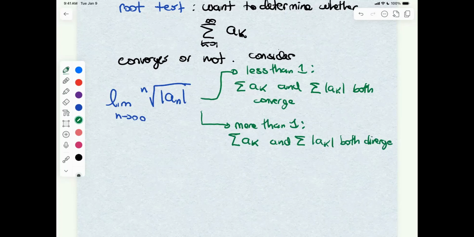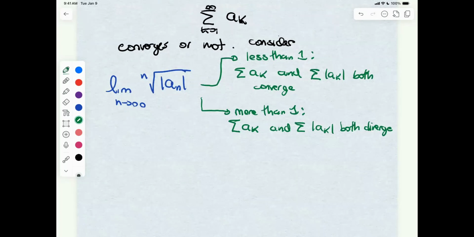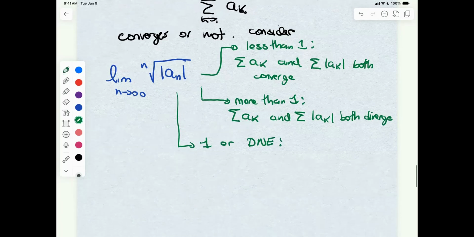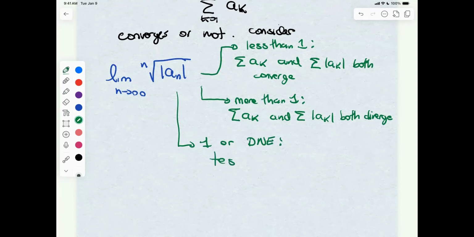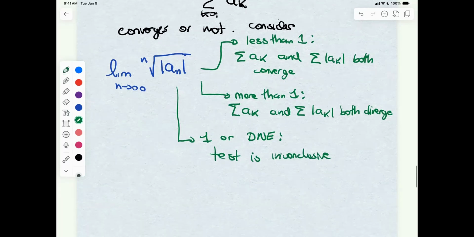And if the limit is one or does not exist, then the test is inconclusive, just as before.